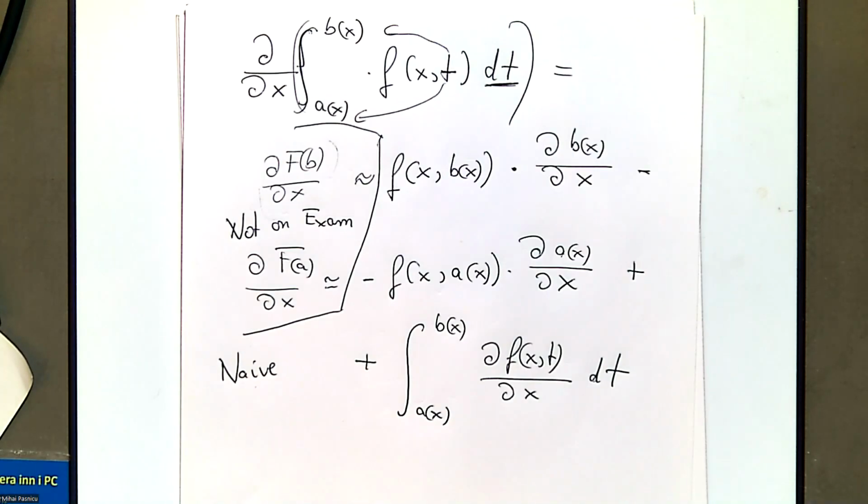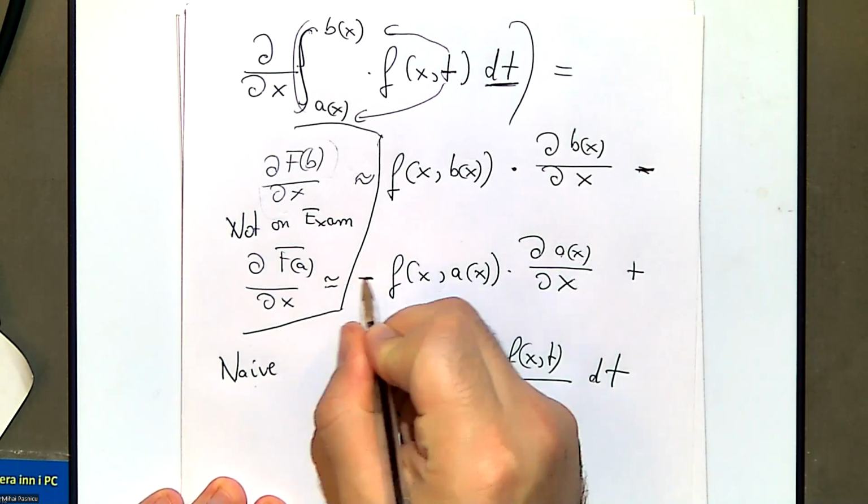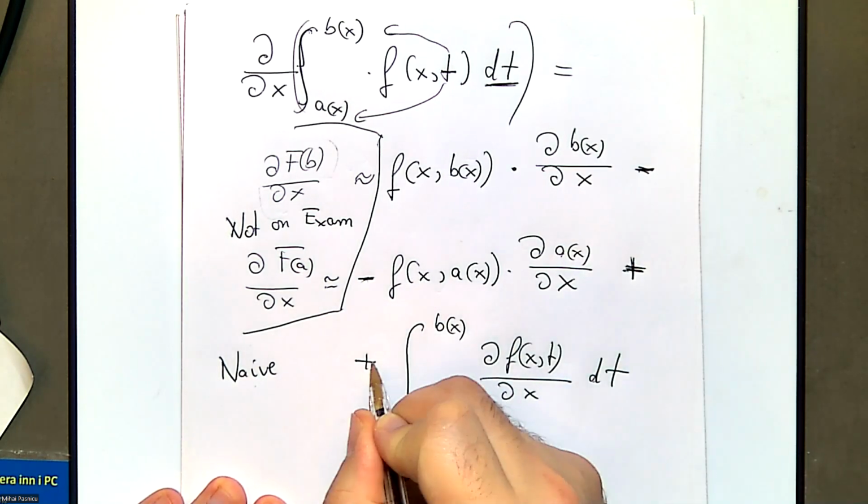This is the formula for the derivative of the Leibniz. Don't worry, I'm going to show you an example. I'm losing my voice. Yeah, so it's minus, plus.